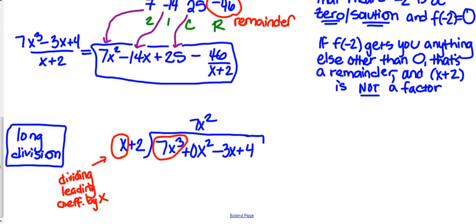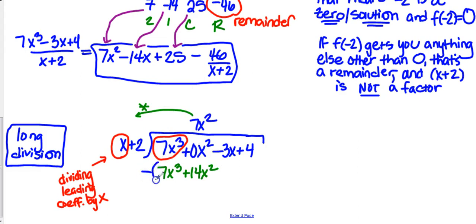Now, we take 7x squared and we are going to multiply it through. So 7x squared times x is 7x cubed. 7x squared times 2 is a positive 14x squared. I'm going to write that a little neater. And now we subtract.